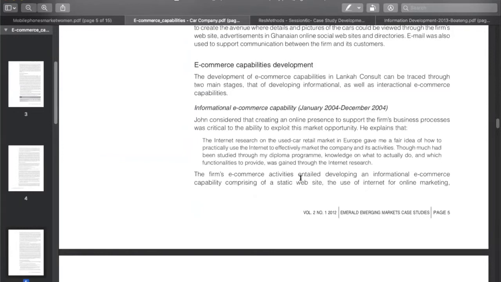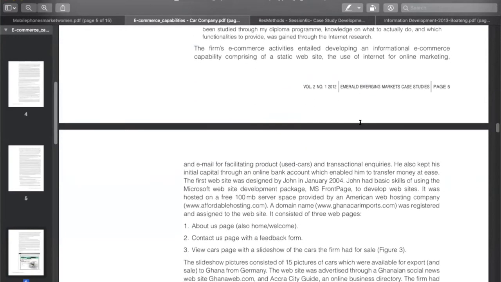So you see, it starts with John considered that creating an online presence to support the firm's business processes was critical to the ability to exploit this market opportunity. He explained that the internet research, so this one is becoming developmental, telling us how that. Okay, the firm's e-commerce activities entailed developing an e-commerce capability comprising of a static website, the use of internet for online marketing, and email for facilitating product and transaction inquiries.